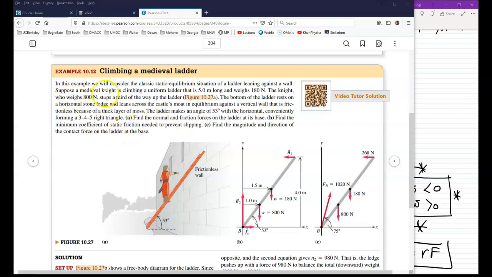But anyway, it says in this example we will consider the classic static equilibrium situation of a ladder leaning against a wall. Suppose a medieval knight is climbing a uniform ladder that is 5 meters long, and weighs 180 newtons. So the guy is 180 newtons. Well, how many kilograms?